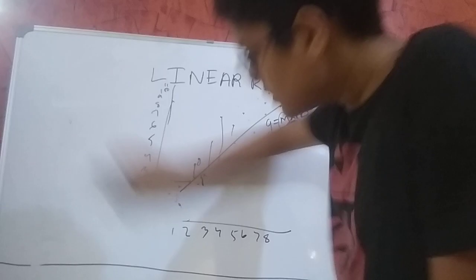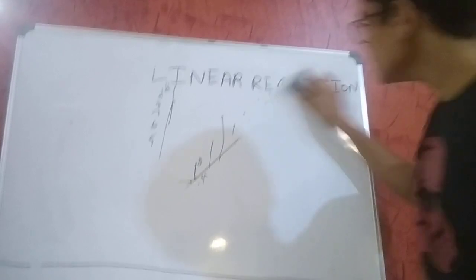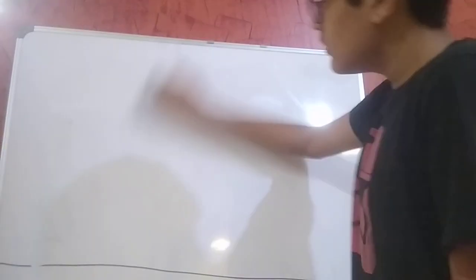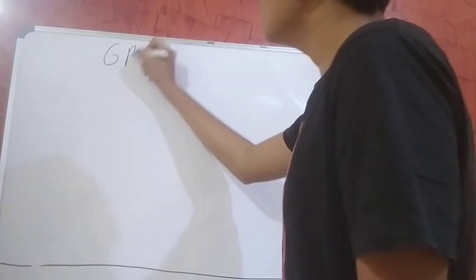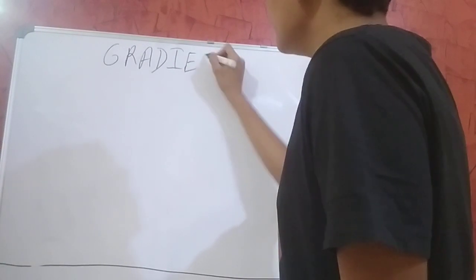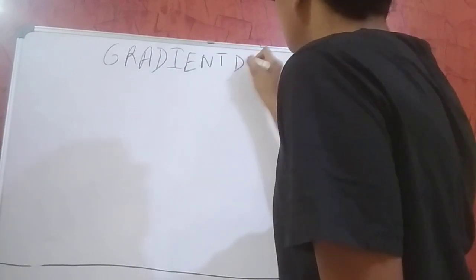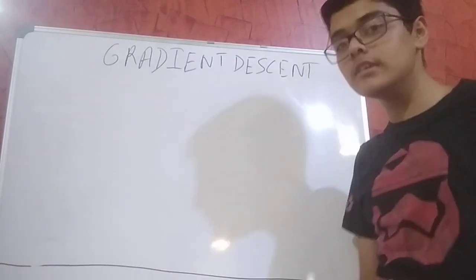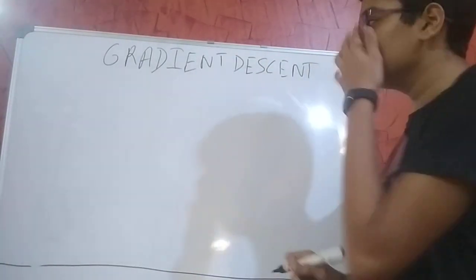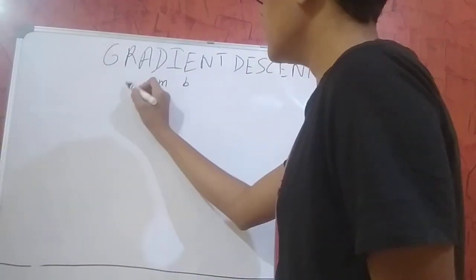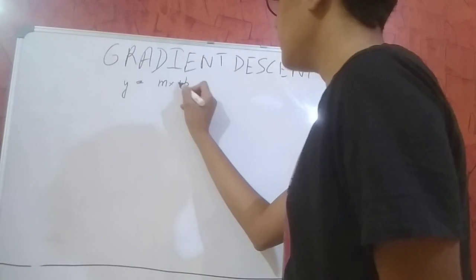So I'll just clear up the board. Okay, so I'm going to go over gradient descent, and remember we need to find m and b corresponding to y equals mx plus b, right?